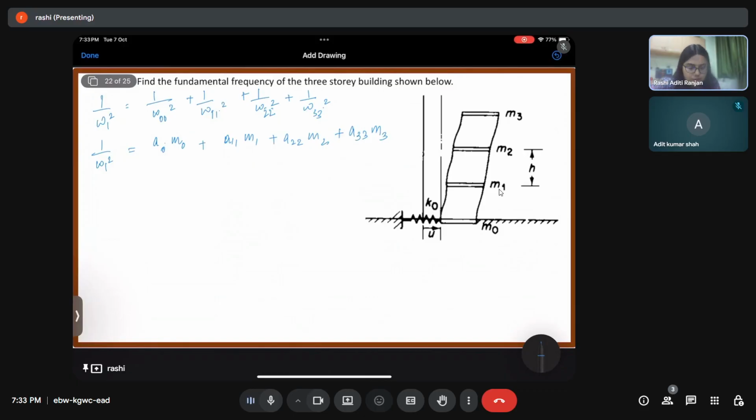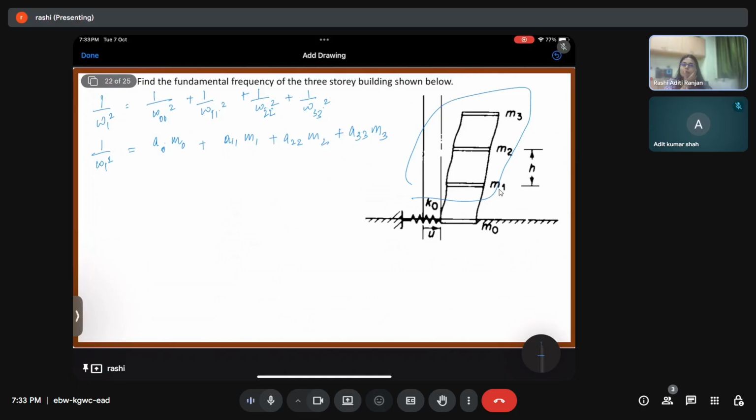If we are able to find them, then we can simply get the final equation. Now, for m naught, it is very easy because we already know the stiffness. If we forget whatever is above m naught for now, we just hide it. We basically have a reference which has a spring of stiffness k naught connected to it, and that spring is further connected to a mass m naught.